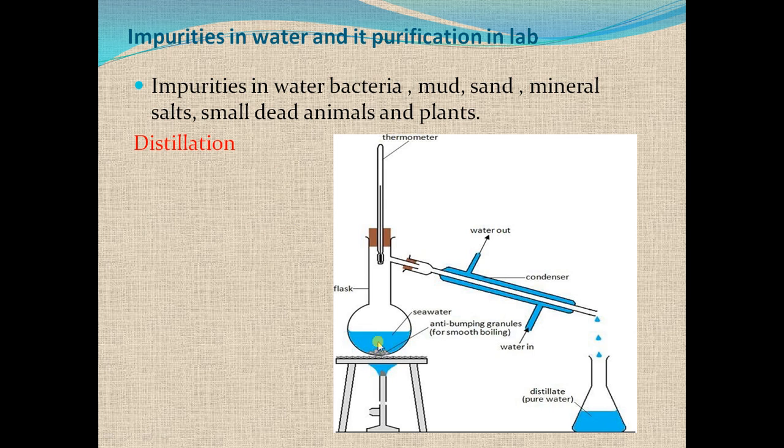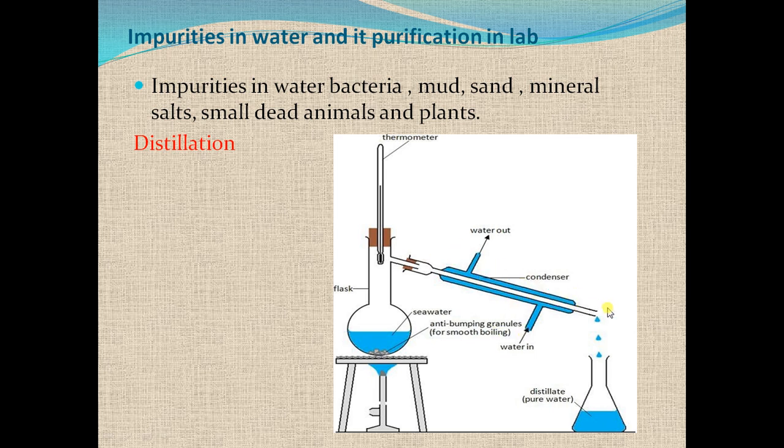In this process we take the impure water in a flask, then heat it up. When you heat this water, slowly and gradually it boils and converts into vapors. These vapors then come to a condenser, and the condenser cools these vapors and changes them into drops.